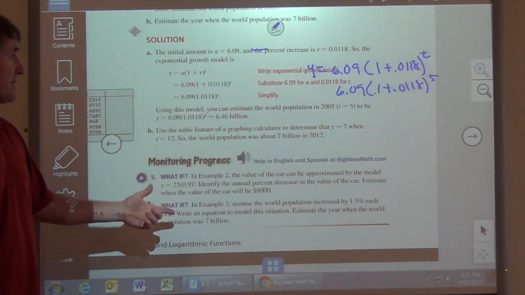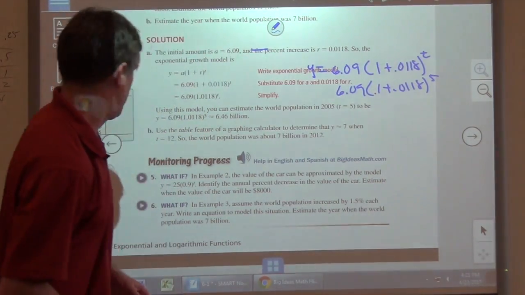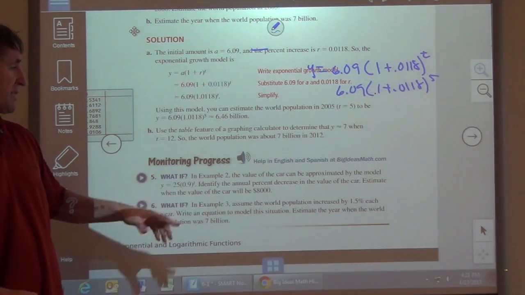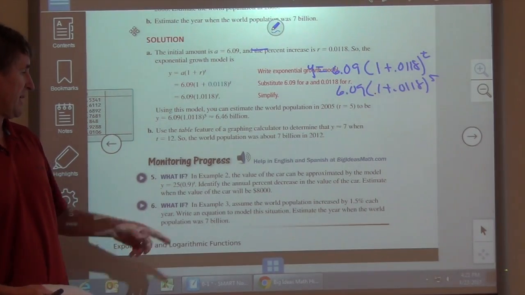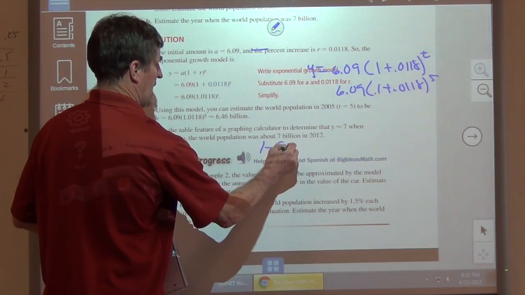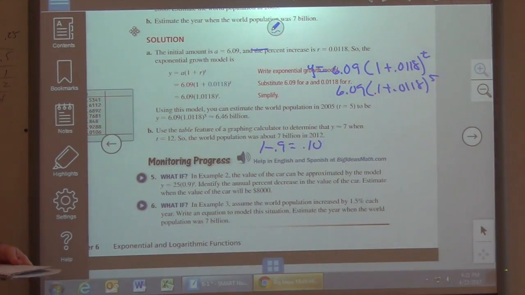Now, if you did this, on this one, if you put in the equation y equals 25(0.9)^t, since that is less than 1, it's a decrease. And all you had to do is take 1 minus 0.9, and that would give you that it was a 10% decrease.